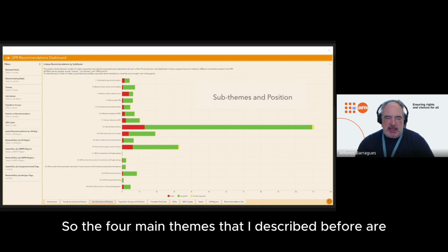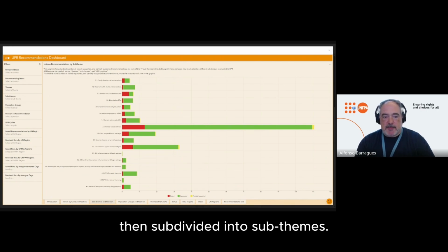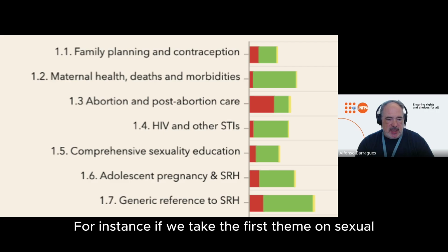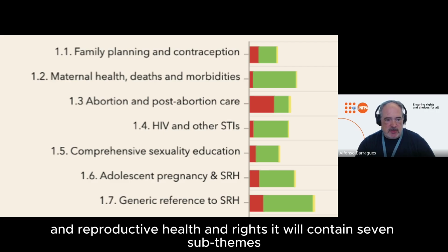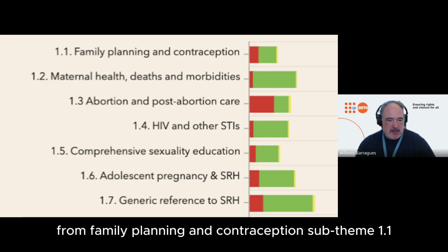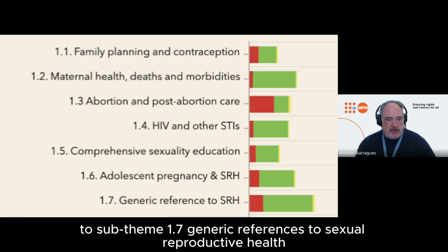We move to the tab on sub-themes and positions. So the 4 main themes that I described before are then subdivided into sub-themes. For instance, if we take the first theme on sexual and reproductive health and rights, it will contain 7 sub-themes, from family planning and contraception, sub-theme 1.1, to sub-theme 1.7, generic references to sexual and reproductive health.